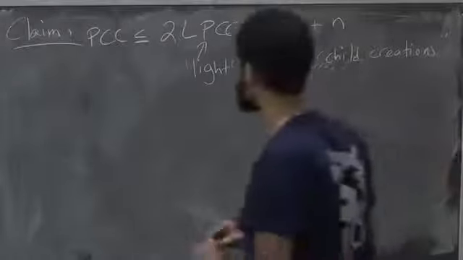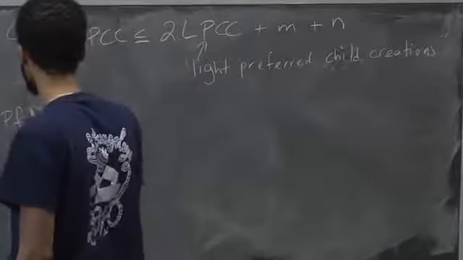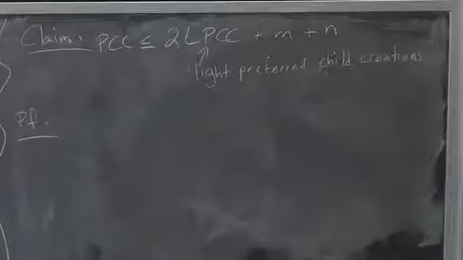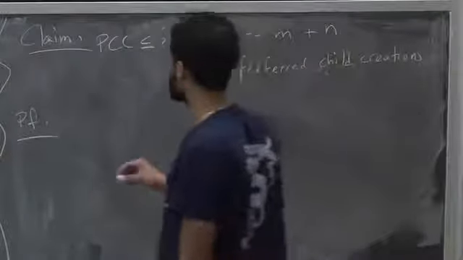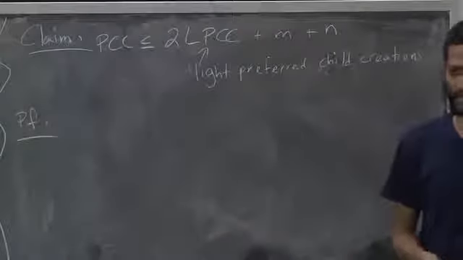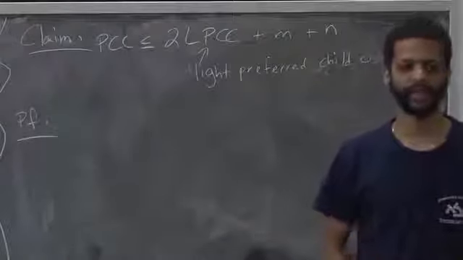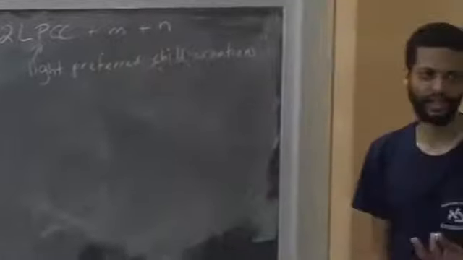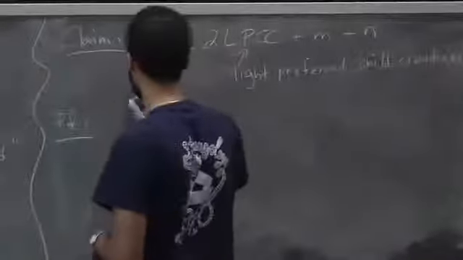Okay. So let's prove this. First of all, whenever we create a preferred child, make a new preferred edge, that new creation is either a heavy creation or a light creation. So I just want to make sure we're all on the same page here. So here's the root.